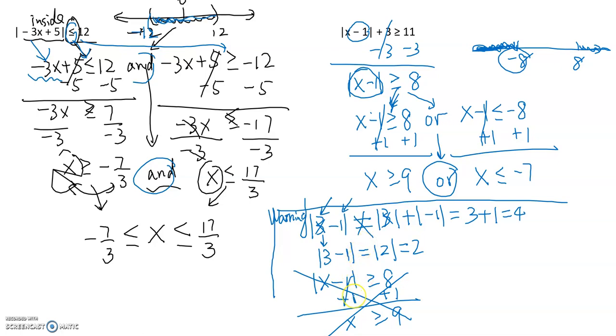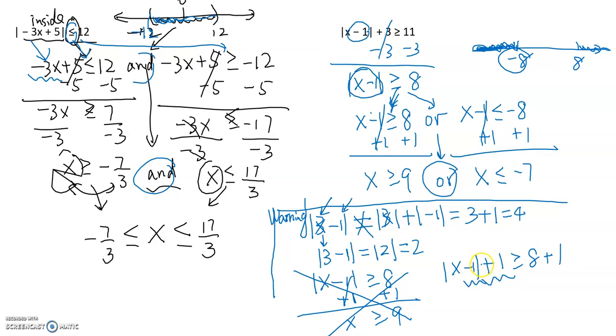When you add 1 to both sides, the left-hand side also has absolute value. So if you add 1 to the left-hand side, because usually we write it vertically, but if you write horizontally, this is what you're going to get. And this +1 is not going to cancel that -1.